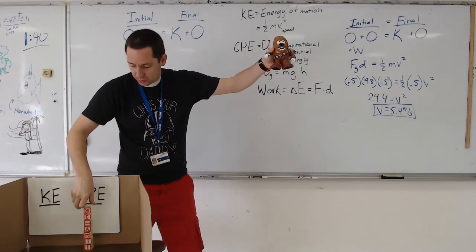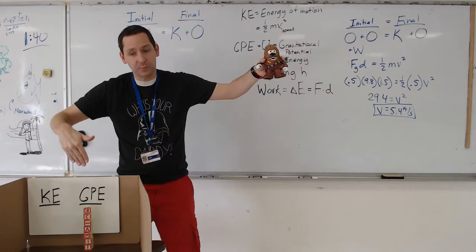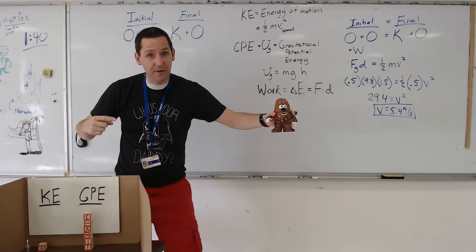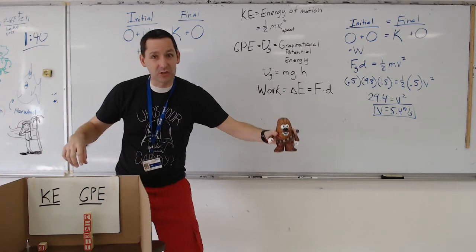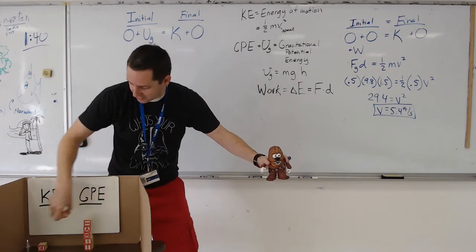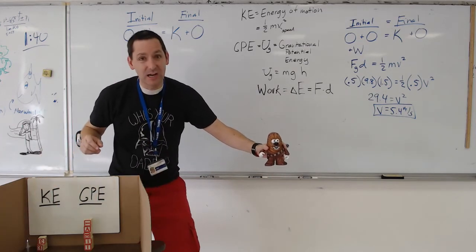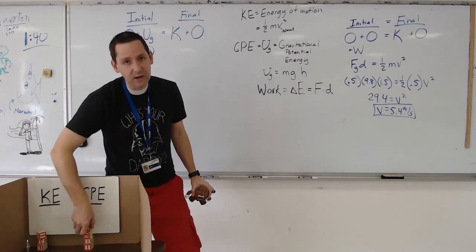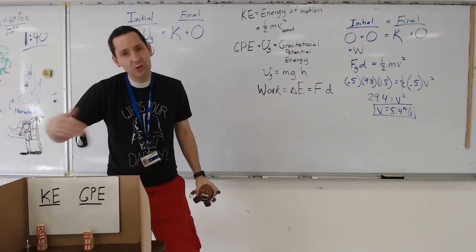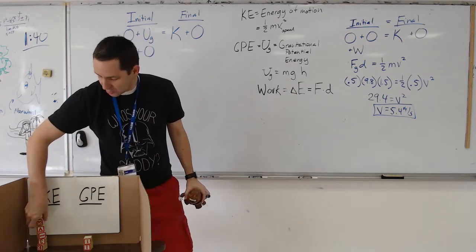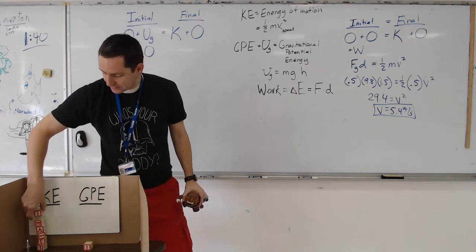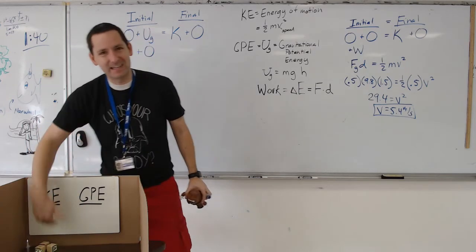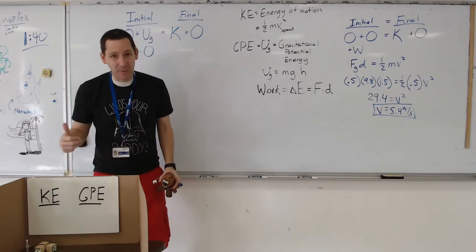As he falls right here, he's got a certain amount of gravitational potential, and he falls a little bit, and he's moving a little faster now. Some of that energy is kinetic. He falls a little bit further, he's going a little faster now, so now he has a little bit more kinetic energy. The gravitational potential energy continues to turn into kinetic energy until right before he hits the ground, and all of that energy is in the kinetic energy pile.